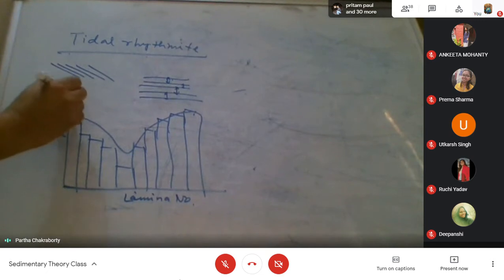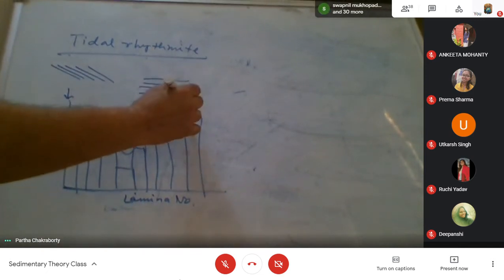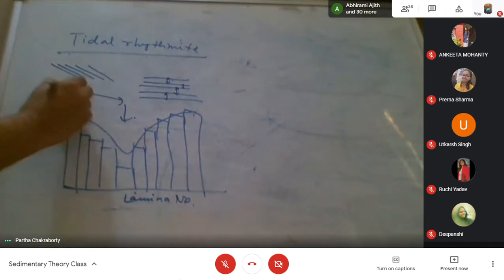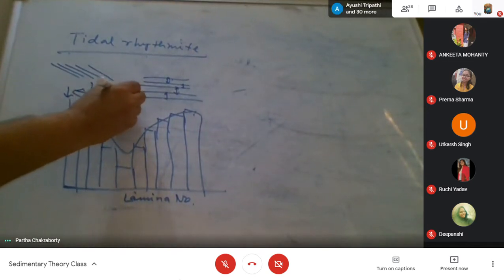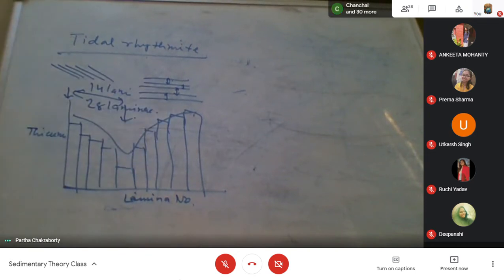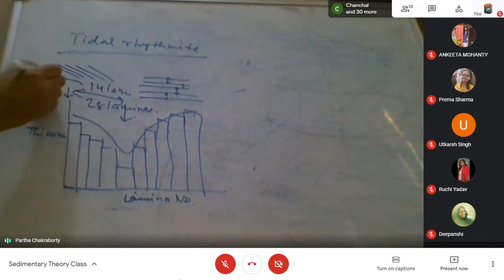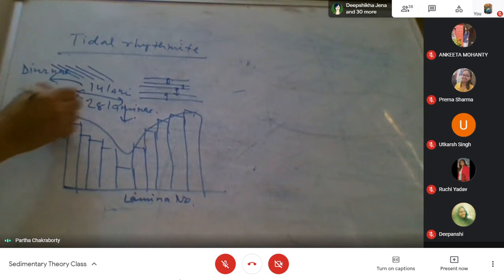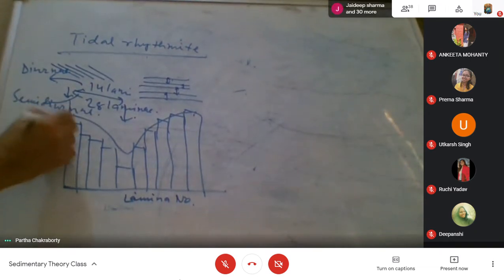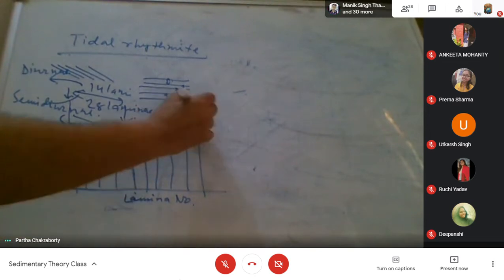From a high point to a low point, a high point to a low point, I may have 14 laminae or I may have 28 laminae, depending on whether I am in a diurnal or a semi-diurnal setting. This high we call the spring, this we call the neap, then spring.